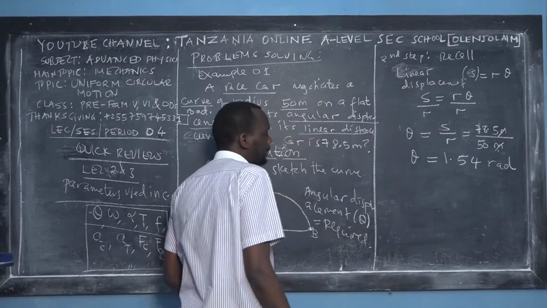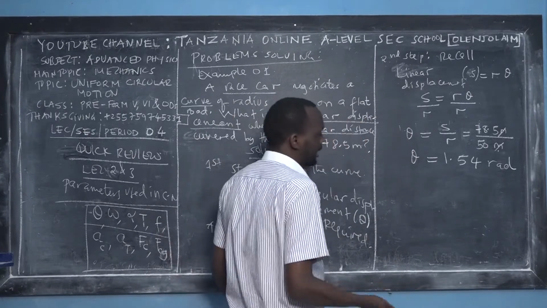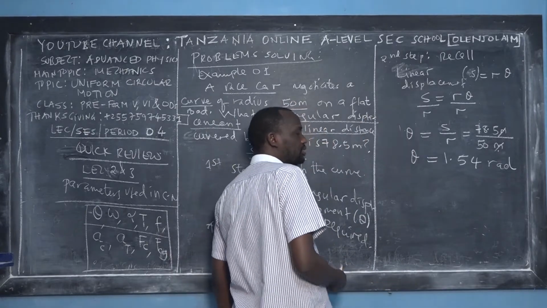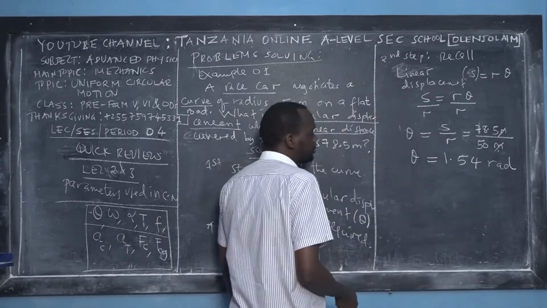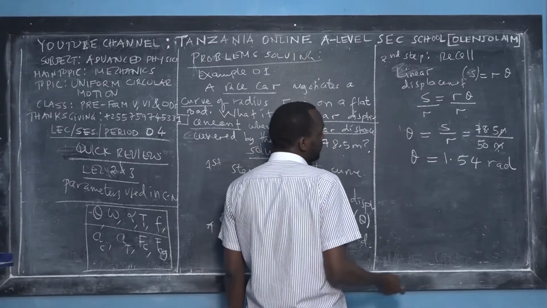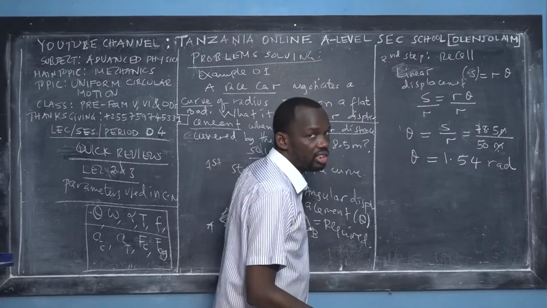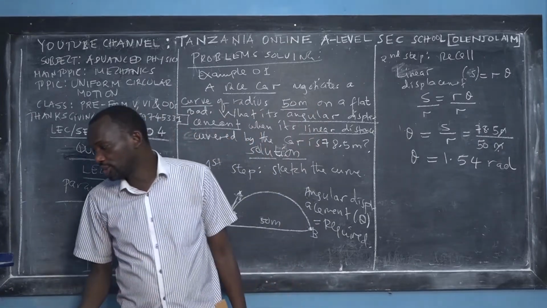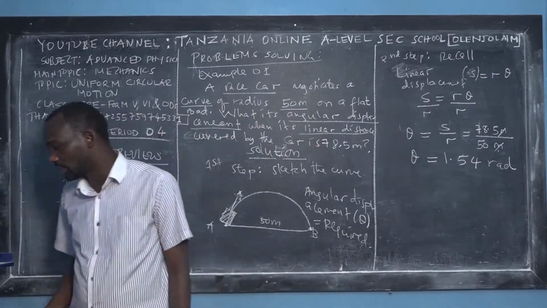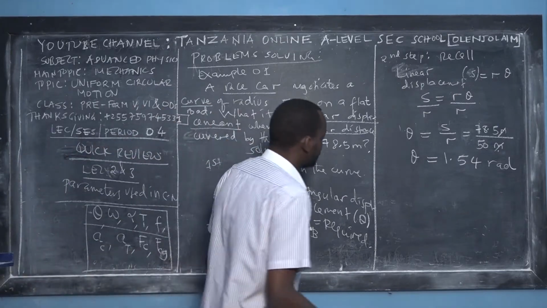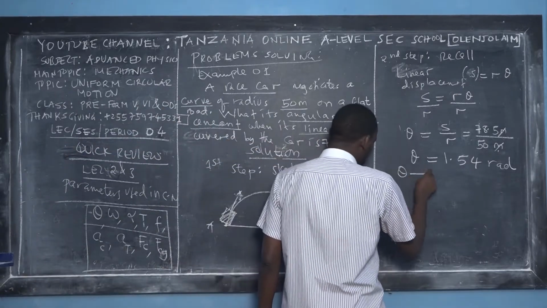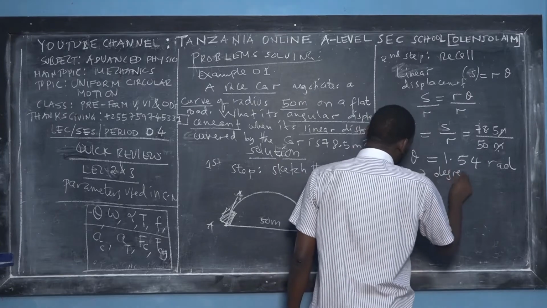So that's one form of the angular displacement. But we can also express angular displacement in degrees. Sometimes in the questions you might be asked to express the angular displacement in terms of degrees. So if you want to express theta in degrees, then what do you say?